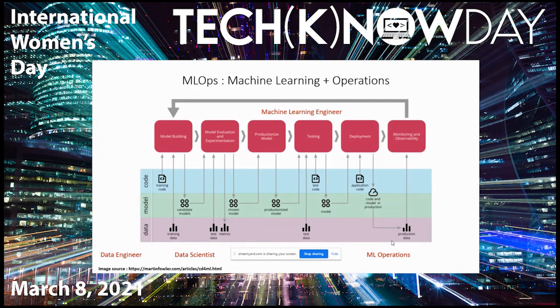Once that is also satisfactory, you will deploy this model, and this application is exposed to the end user. Once the end user starts using this ML model, there might be performance issues in the production model, because the distribution of the real data might be completely different from what the model was built and trained on.